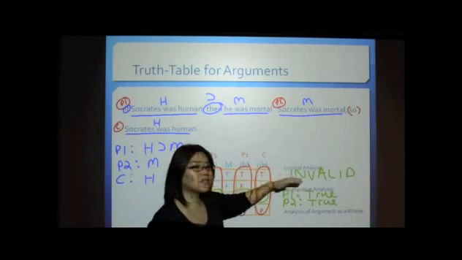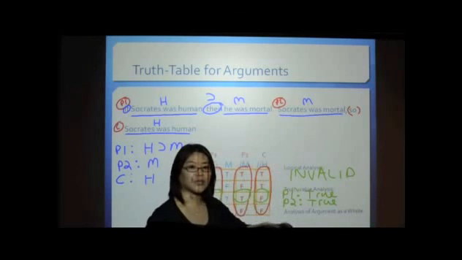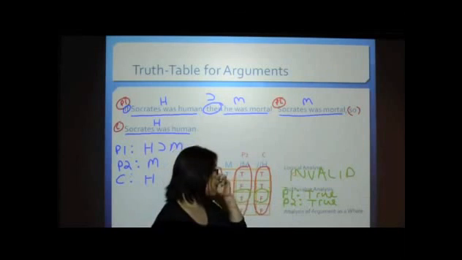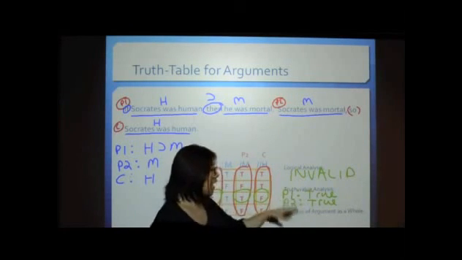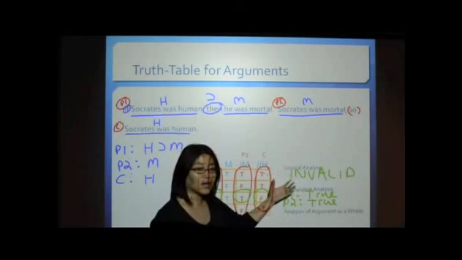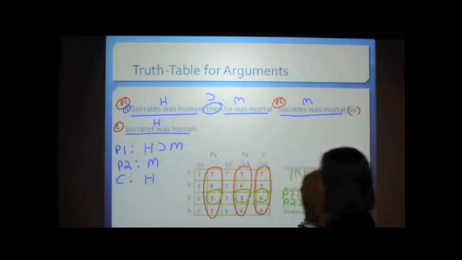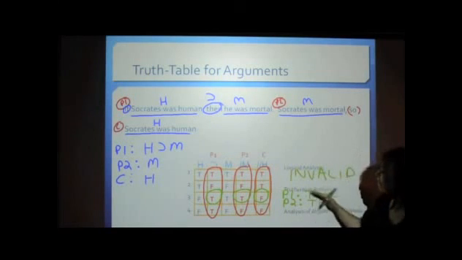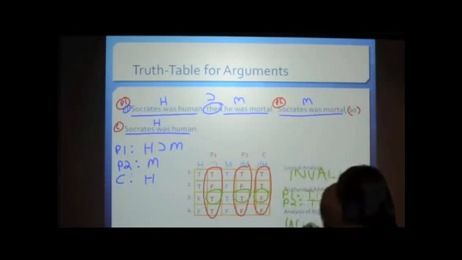The argument does not give you reasons such that if the premises were true, the conclusion would definitely be true. So it is invalid. However, the premises are both true. So you can have an invalid argument with all true premises. Because we have here an argument that has all true premises but bad deductive reasoning, this will be an unsound argument.